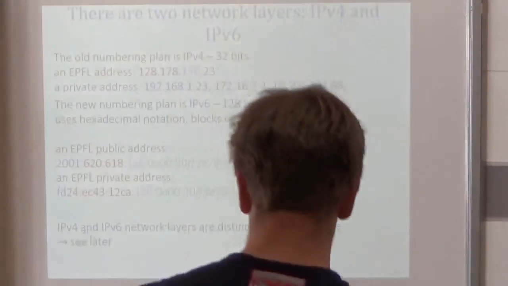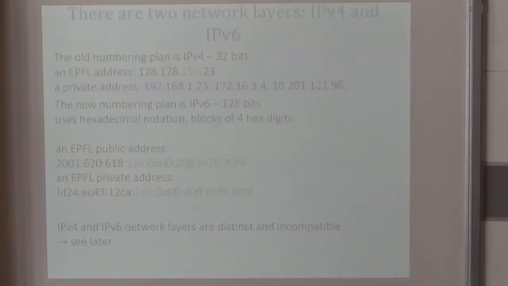Right? Before coming to that, the first thing to realize is that those 2 types of addressing are completely incompatible. If I send you an IPv4 packet and you speak only IPv6, you will not understand it. You are unable to forward it. So most machines, unless you have a computer that is extremely old, probably support both IPv4 and IPv6, which means it has 2 protocol stacks, one for IPv6, one for IPv4.